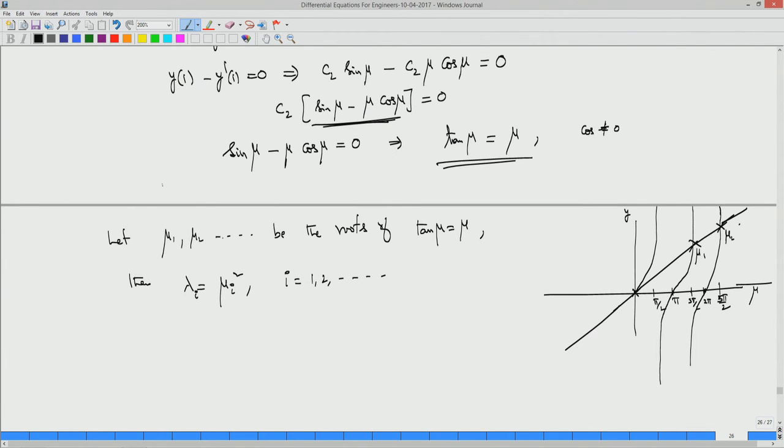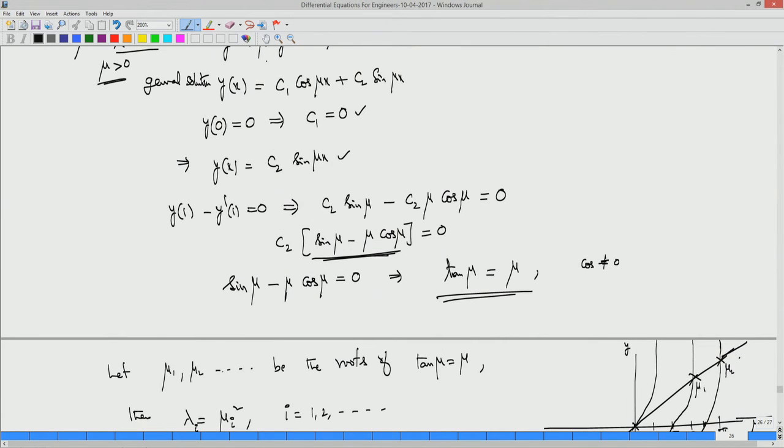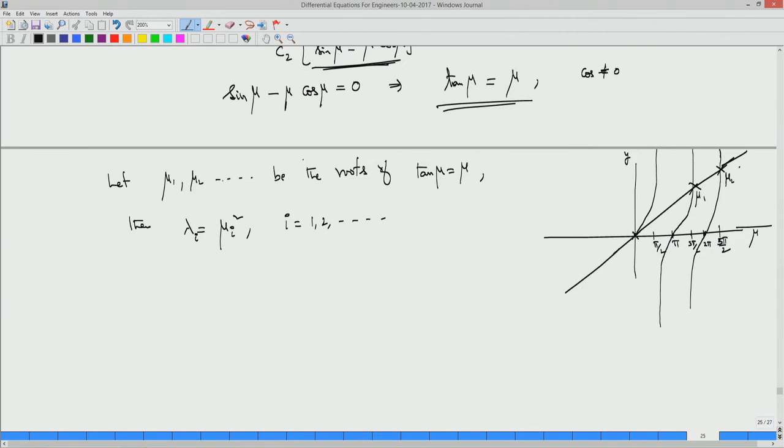These are your eigenvalues for which C2 is arbitrary. Once C2 is arbitrary, y of x is sin mu x. Those are your v i of x, these are your eigenfunctions, sin mu i x.